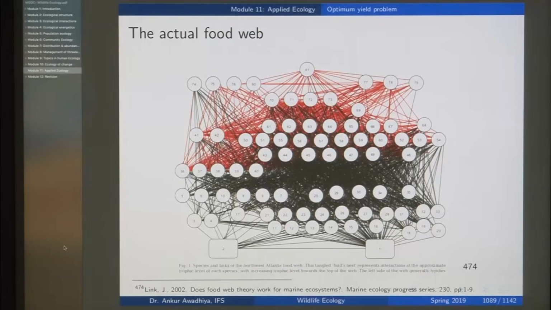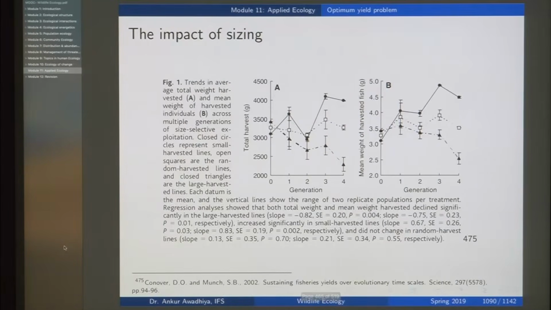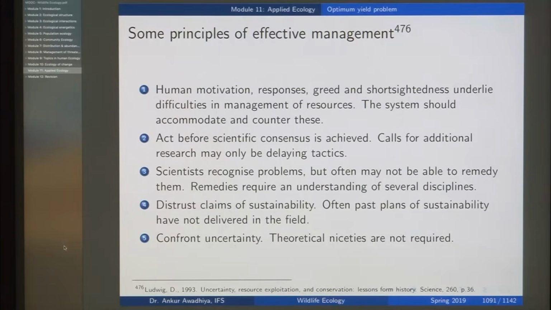The actual food webs are so complicated that we should not be making any such assumptions. Next, we looked at the impact of sizing. If you go for fishing of the large-sized individuals, your population will very quickly become full of individuals that are small in size, and so any heuristic equation will not be useful in this case.